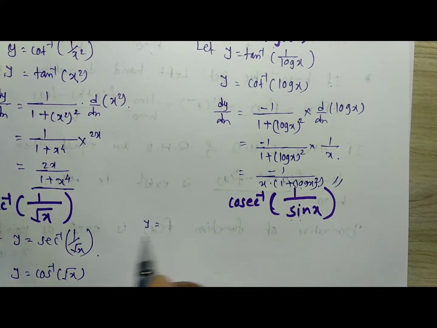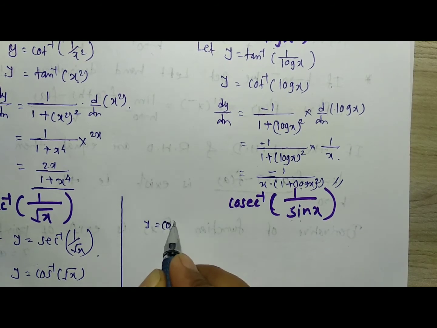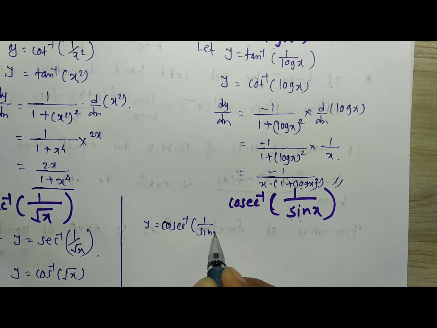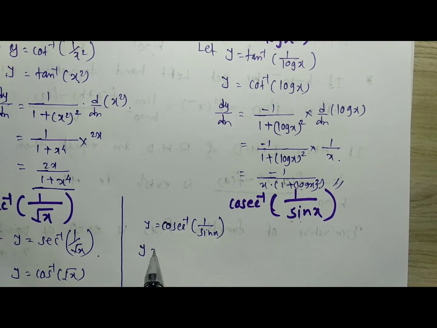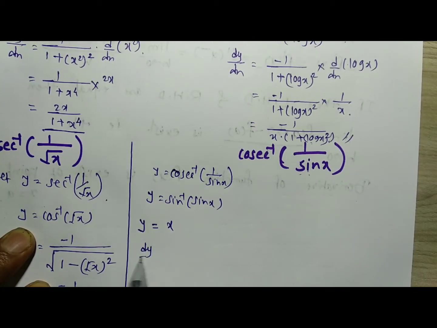Let y is equal to cosec inverse 1 divided by sine x, and therefore according to the formula, cosec inverse gives sine inverse sine x, and you will get y is equal to x, as sine and sine cancel each other. y is a function of x, so the derivative dy by dx is equal to 1.